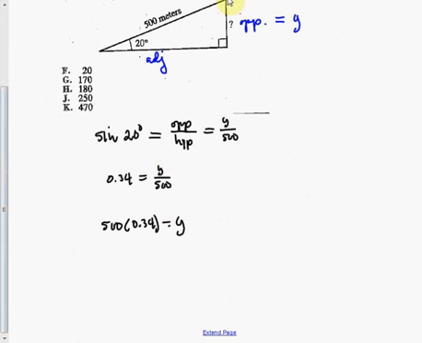And on your calculator, y is equal to 170. Is that one of the answers? Any questions?